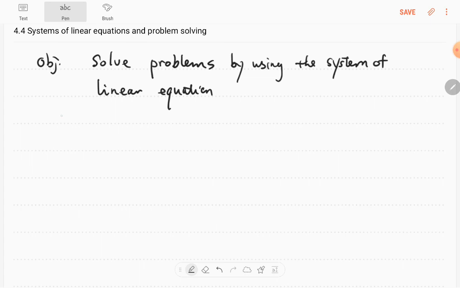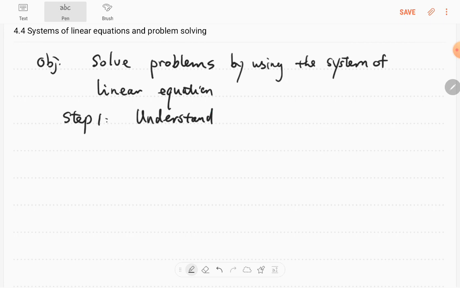So first, step 1. Maybe we should understand the problem. The first step, we just try to understand, because it's a word problem. We should understand the background, understand the words, right? So how can we understand the problem?